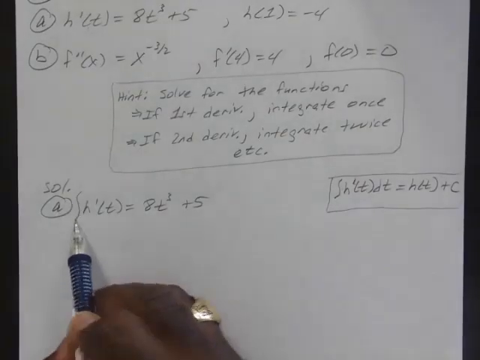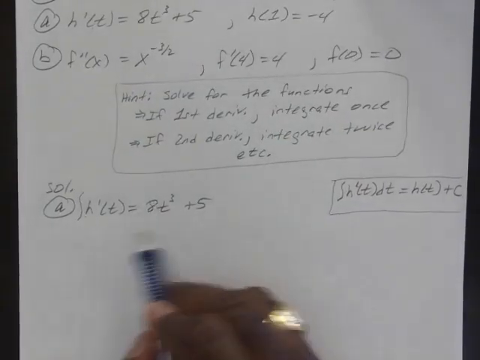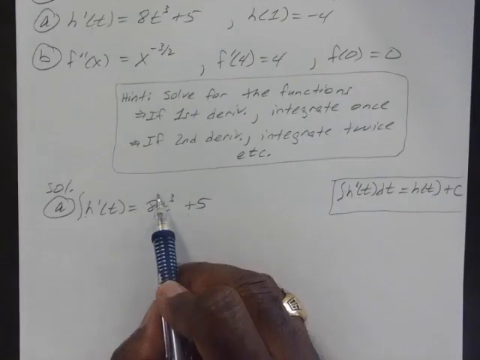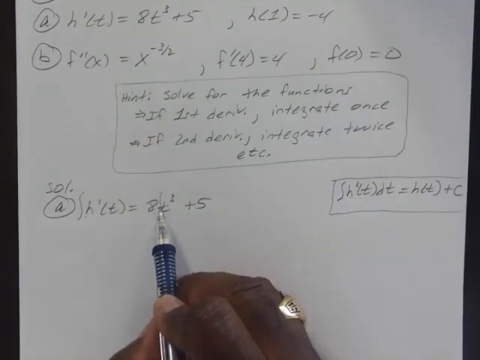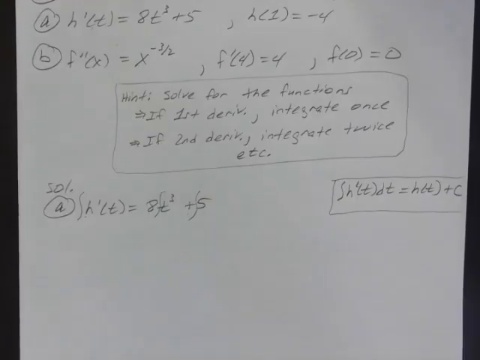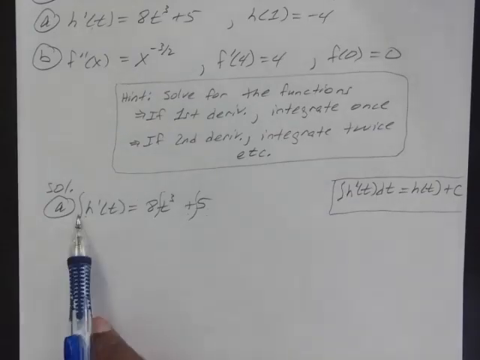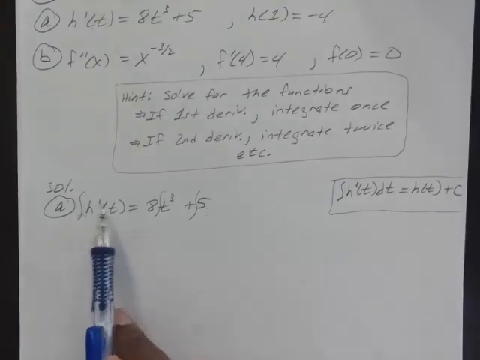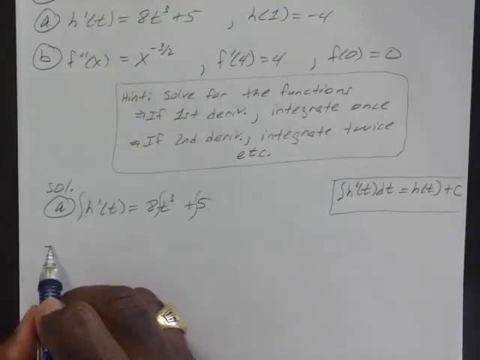So we're going to take the antiderivative. You can take the antiderivative of both sides, or of each term, because if you took the antiderivative of both sides, you'd still distribute the antiderivative. So the antiderivative of a derivative is just the original function.